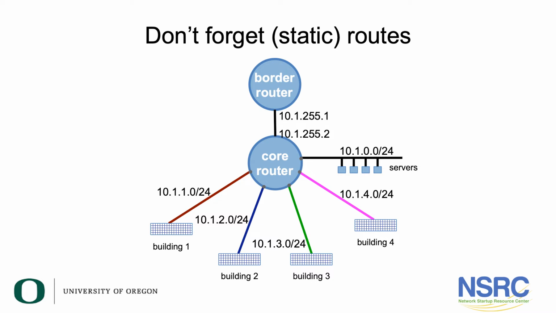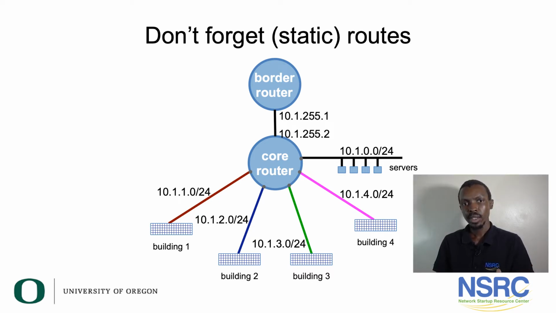The last thing you need to think about is static routes. When you've migrated your campus network and you have individual subnets, like we have inside this diagram, and it depends on how your campus is set up, whether static or dynamic, you will need some routes for the border router to reach the addresses inside your core router.